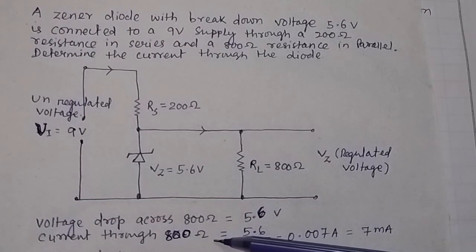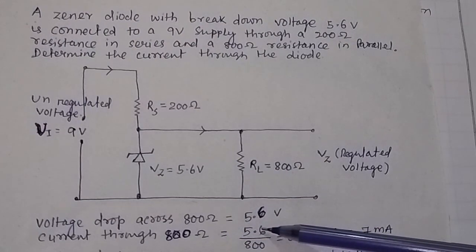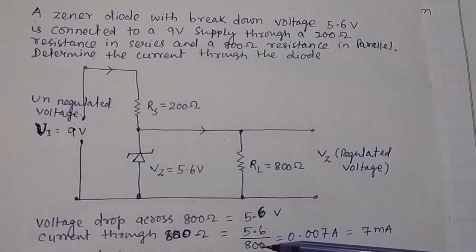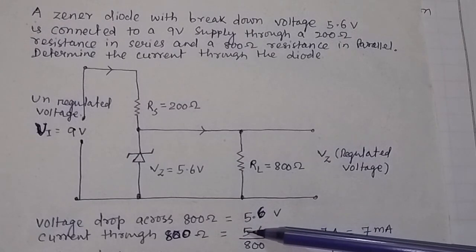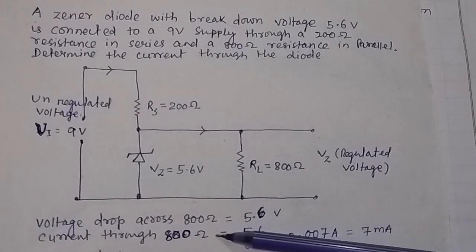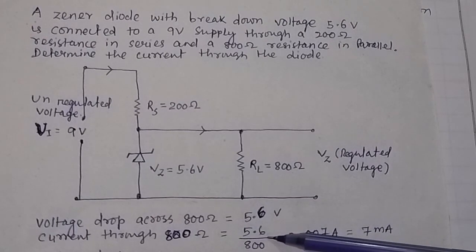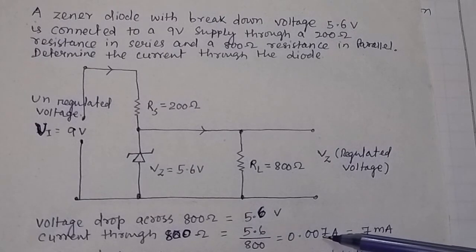So current through this 800 ohm resistance will be equal to voltage divided by resistance. Simply apply the formula of Ohm's law, V equal to IR, so I will be equal to V by R. So 5.6 divided by 800, that will be equal to 0.007 ampere or 7 milliampere.